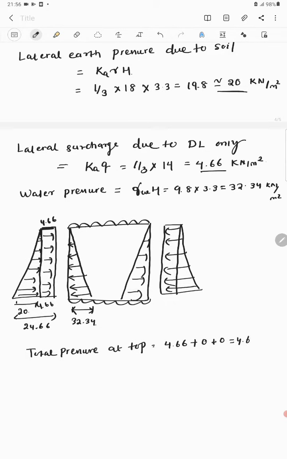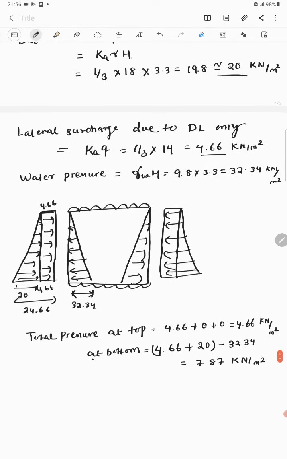So total 4.66. And at the bottom, due to the surcharge 4.66 plus due to the lateral earth pressure, that is 20, minus due to the water, that is 32.34. So total will have 7.87 kilonewton per meter square.